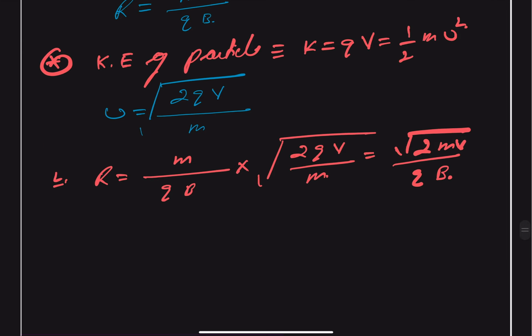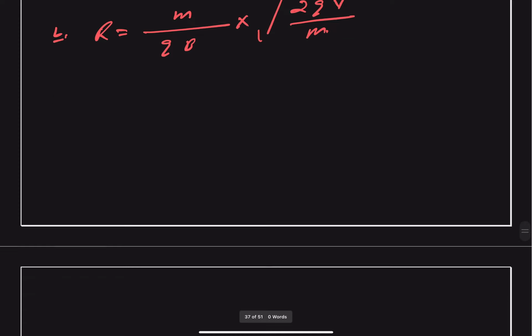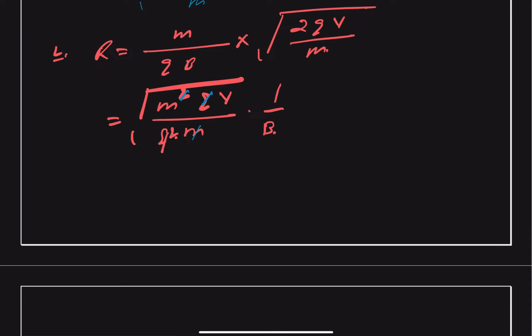Let me correct it again. So we can write this as m upon qB, multiplied by the square root of 2qV divided by m, and this comes as square root of 1 by V... m goes with m, this q goes with q. Now it's the correct equation.